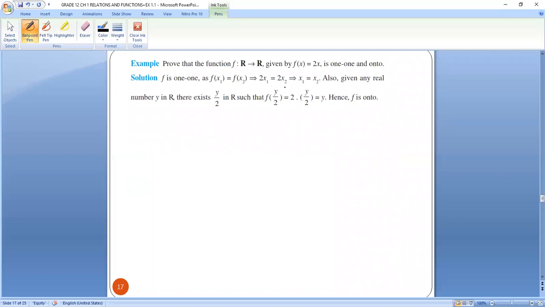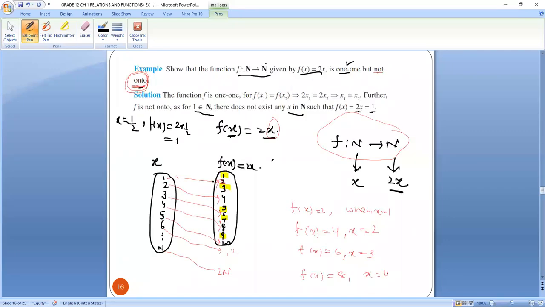Next, the same function f of x equals 2x, but we have changed the domain and codomain. Earlier, the domain and codomain was the set of natural numbers to the set of natural numbers.